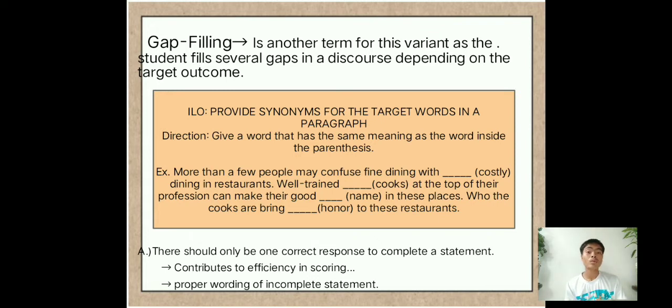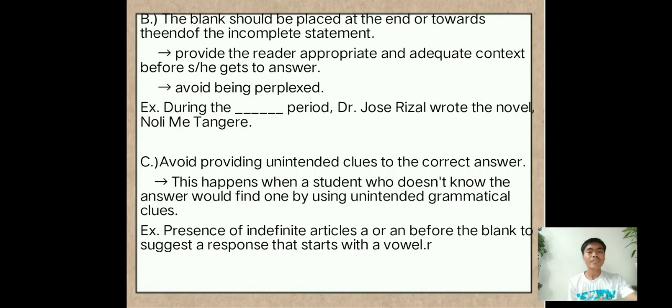Always remember that it also contributes to efficiency in scoring. Proper wording of the incomplete statement is really necessary. Use proper words. Do not eliminate necessary words, and avoid words that will trigger the answer of the students. Letter B, the blank should be placed at the end or towards the end of the incomplete statement.